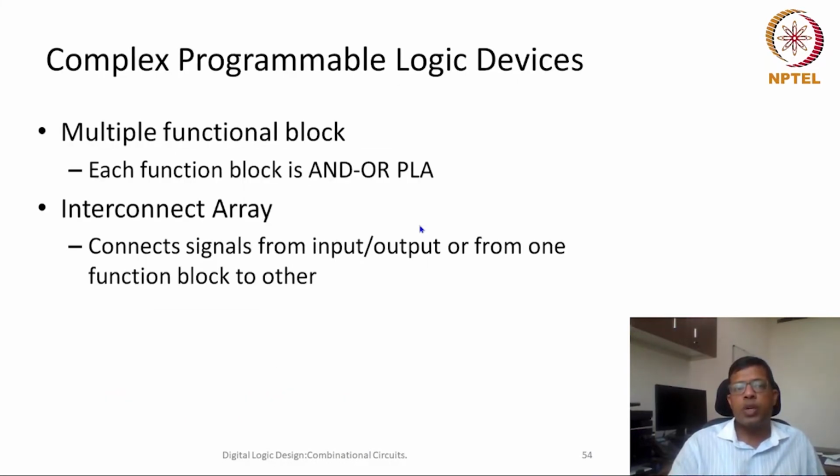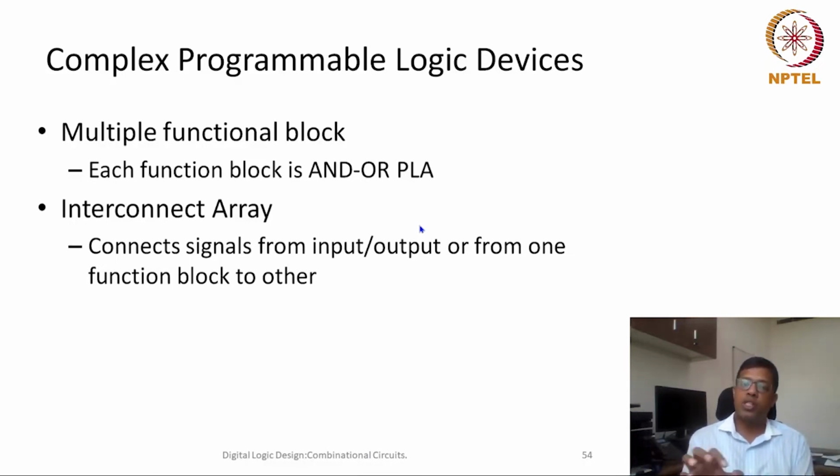Now the next one is CPLD, complex programmable logic device. After people designed PLAs, they wanted to make something more complicated. In a PLA, you can have an input and one function, and the output of this function cannot go as an input to some other function. So this is the intuitive idea behind CPLDs. In CPLDs there are multiple function blocks.